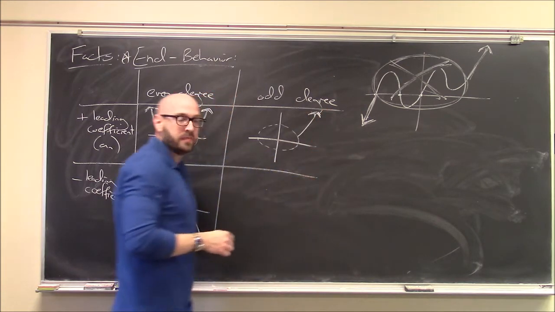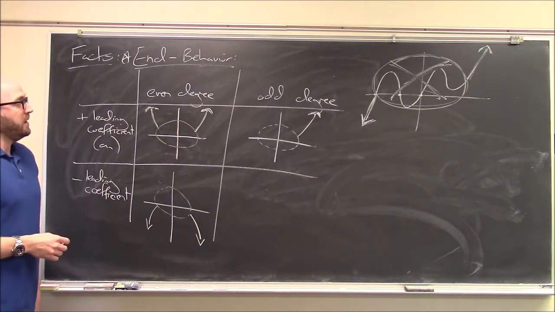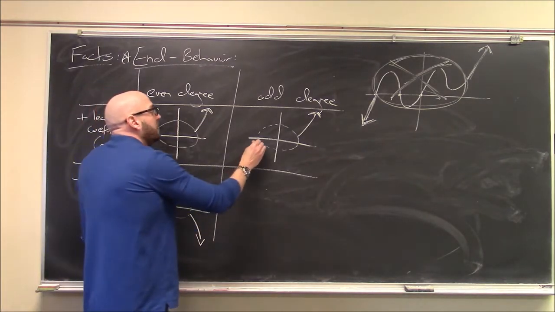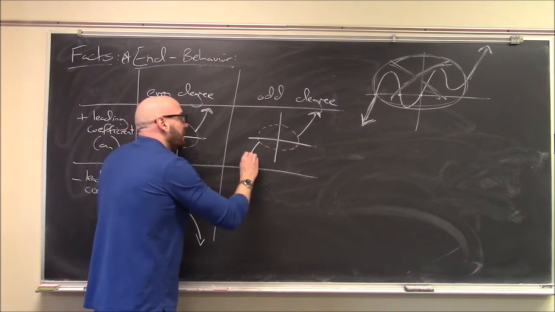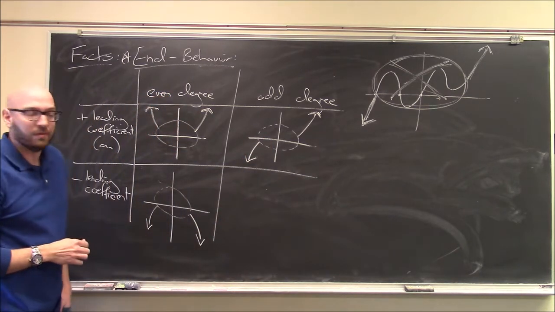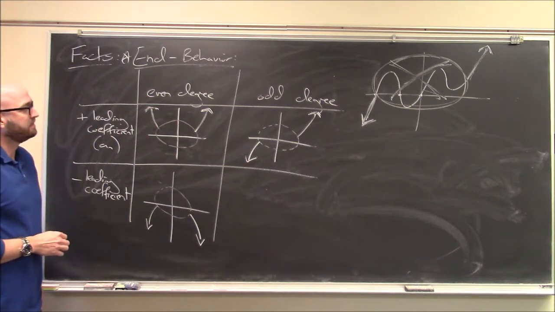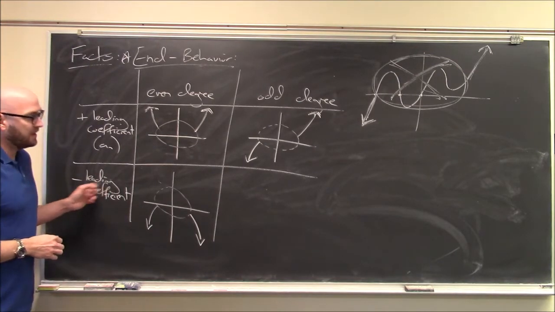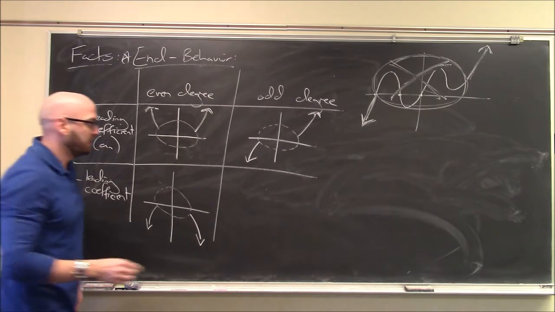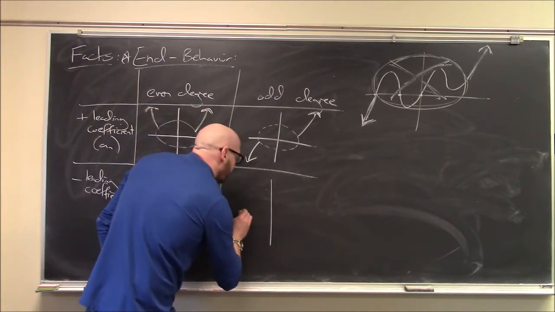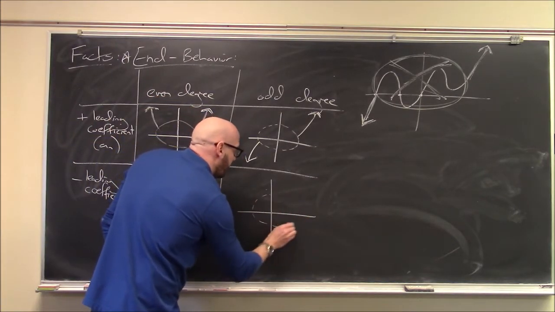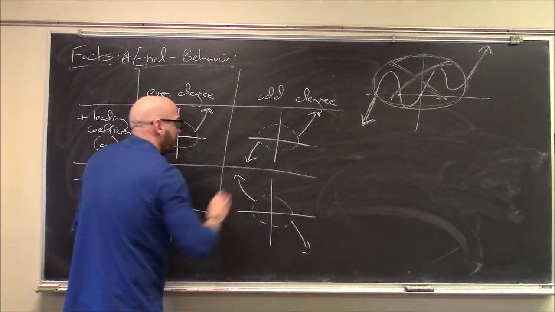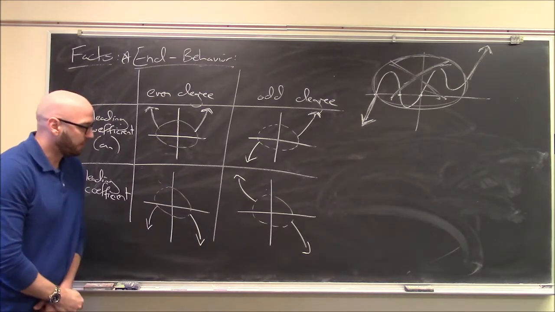So this increases in this direction. But if you take a big negative number and raise it to an odd power, it becomes a huge negative number. So in the negative direction, it decreases forever. And once again, a negative leading coefficient just reflects this through the x-axis. So in this case, we'll be decreasing here and blowing up to positive infinity in that direction.